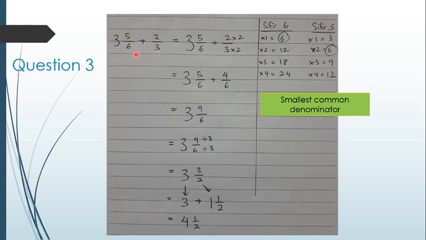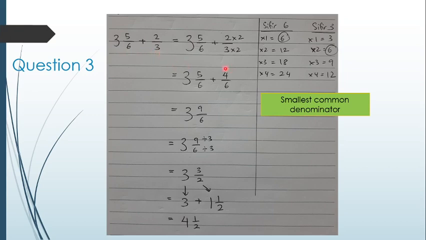What you should see first is the denominator. Denominator is very important in fraction. When you see an operation involving fractions, you should see the denominator first. What can you tell from the denominator here? Is it the same or different? It's different, isn't it? This one is 6, this is 3.